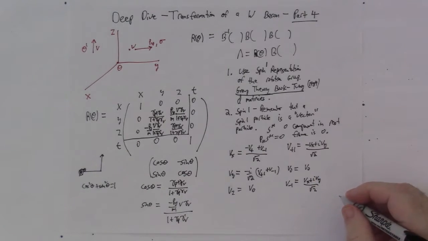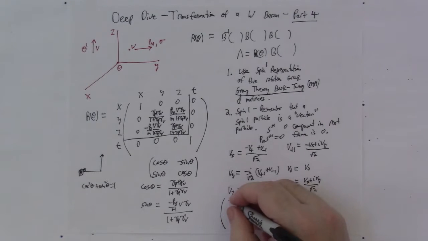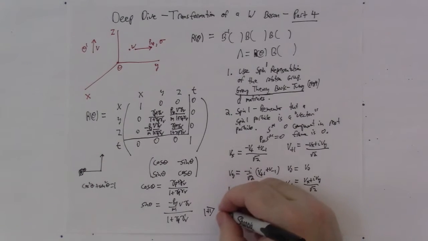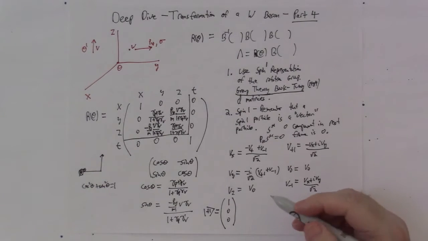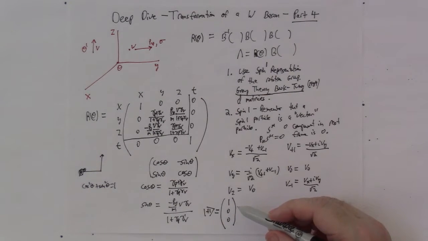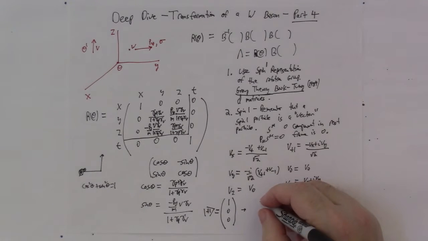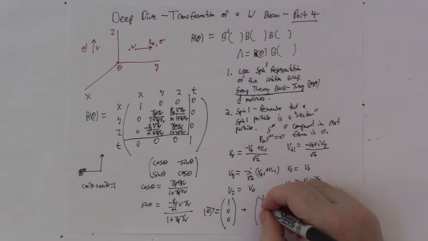So for example, if our original spin was 1, 0, 0, let's call this a plus 1 spin state, we would first transform this into the Cartesian state, which would be, still written as a column vector, with a square root of 2.